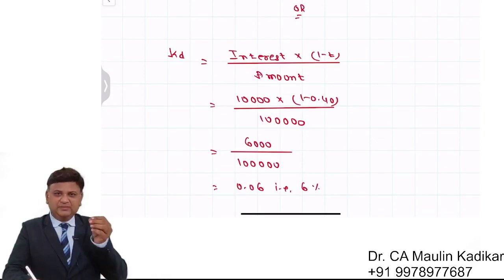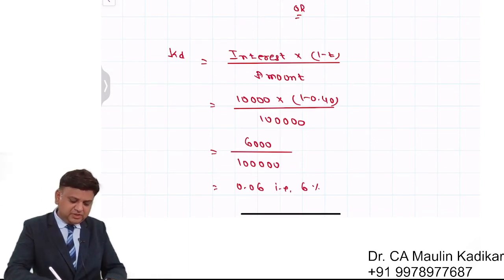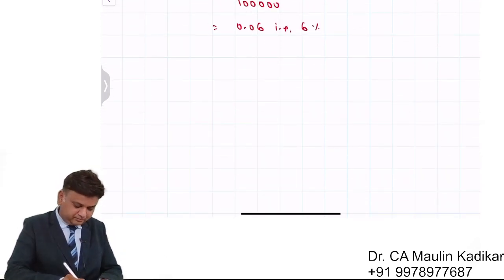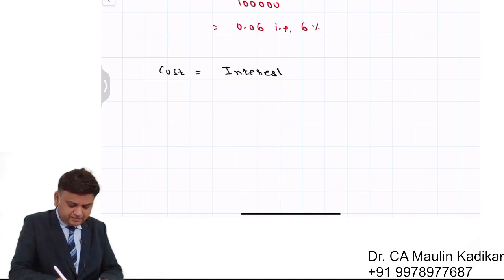Now, let us have some understanding of this numerator value. Everybody is requested to pay attention. See, the cost is calculated as interest minus interest tax saving.